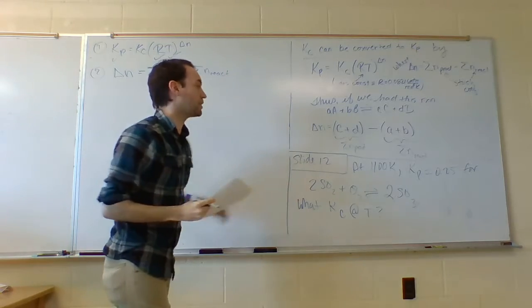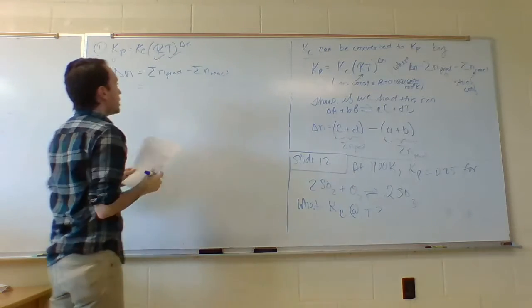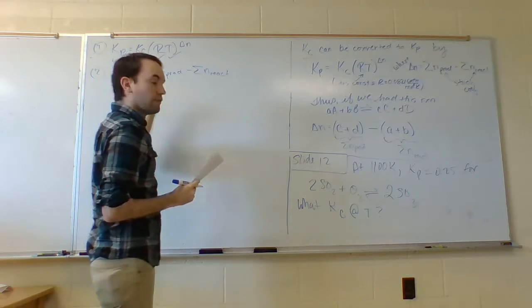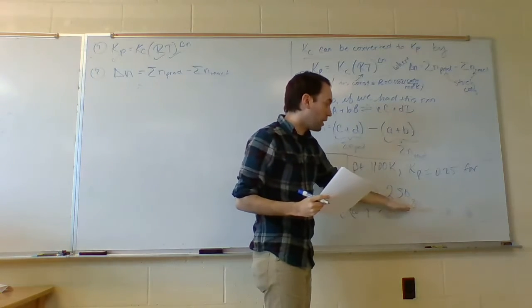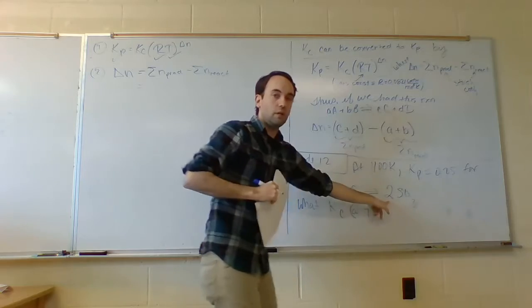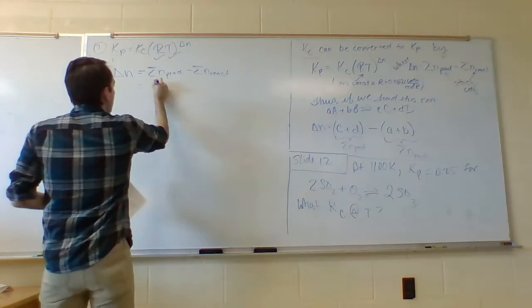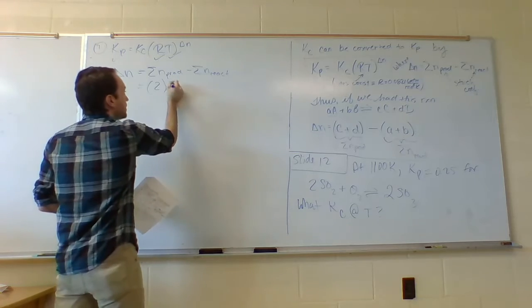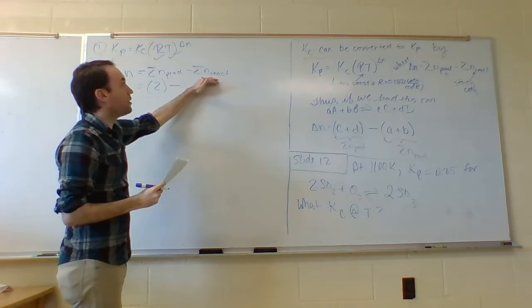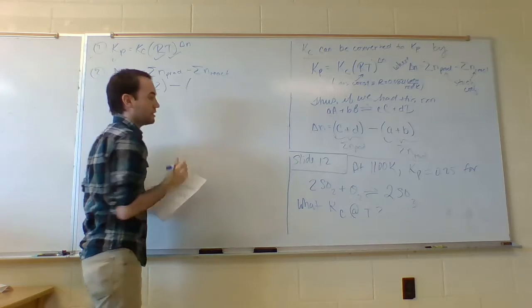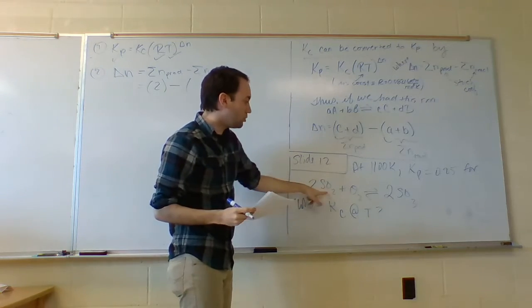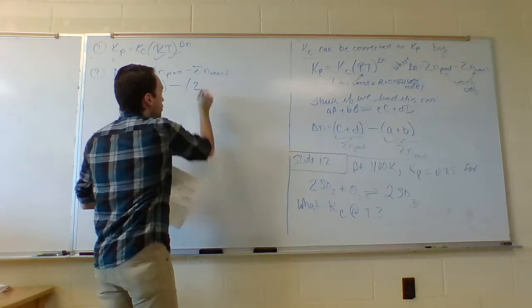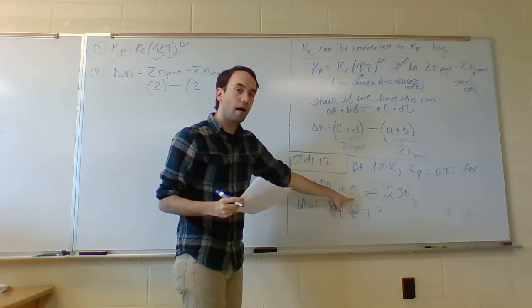Now, looking at this reaction, what is our sum of stoichiometric coefficients for the products? Well, we only have one product, and that's our stoichiometric coefficient. So it must be a 2, right? There are no other products, so that's the total sum. And then I'm going to subtract off the sum of the stoichiometric coefficients for the reactants. So I have 2 SO2, so I'm going to do 2, and then I also have 1 oxygen.